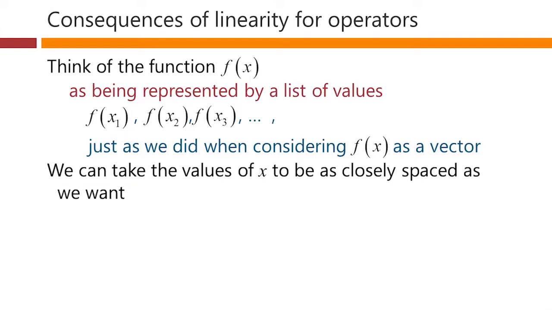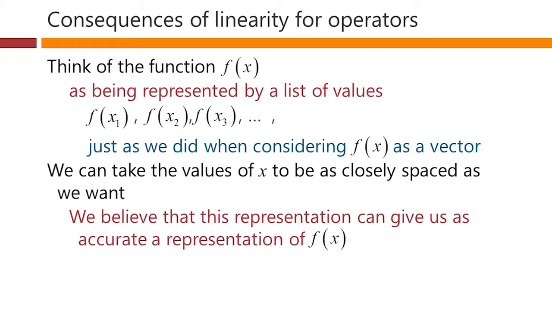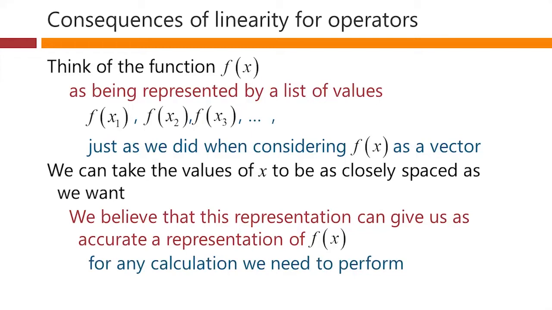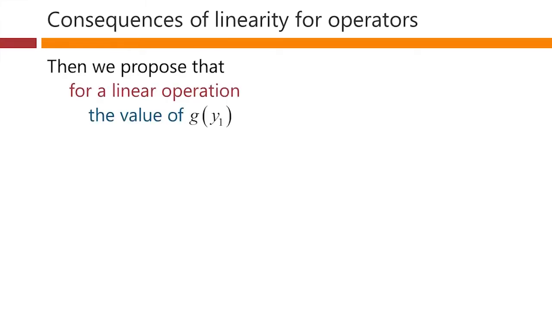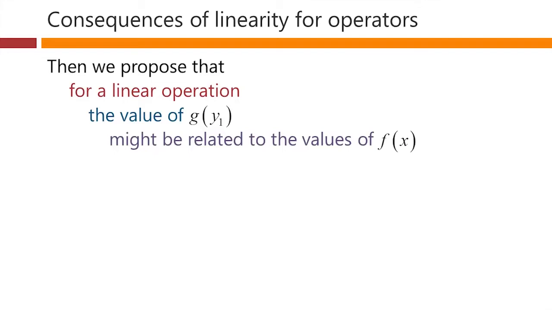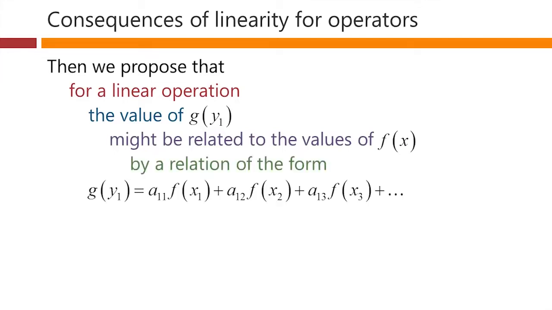We can take these values of x to be as closely spaced as we want. We believe that this representation can give us as accurate a representation of f of x as we need for any calculation we might want to perform. Then let's propose that for a linear operation, the value g of y1 of its argument here might be related to the values of f of x by a relation of this form.